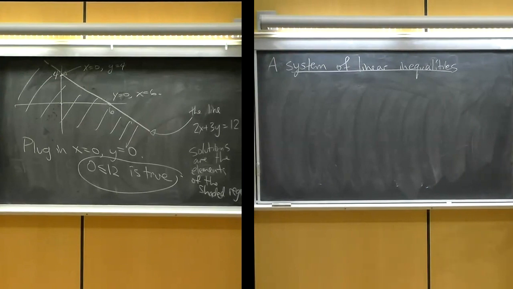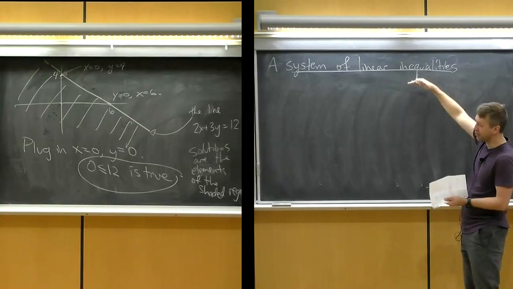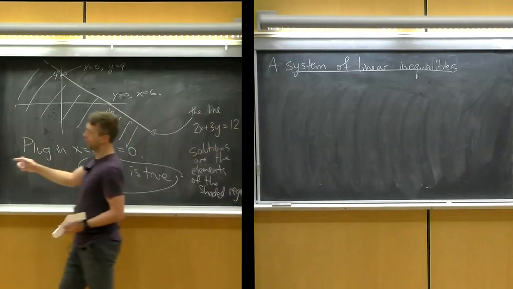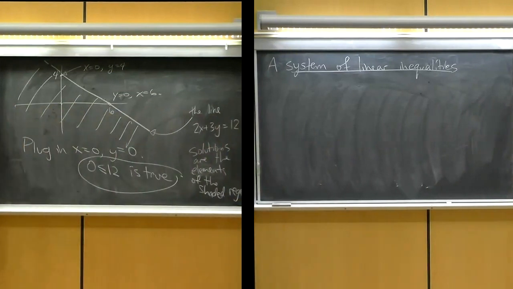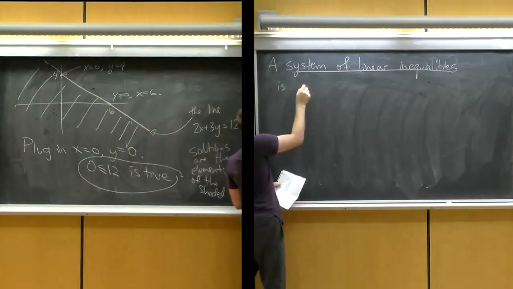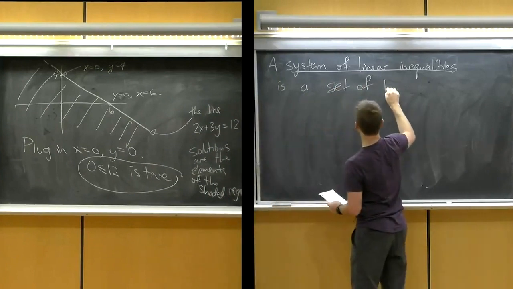Now we just have inequalities. So it's like a system of things that look like equations, but all the equal signs are replaced with inequality signs, this way or the other way. So it's a set of linear inequalities.